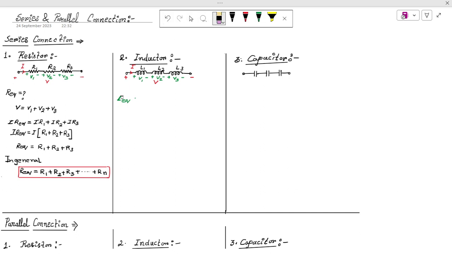Okay, I might write in the black. You have to find out the L equivalent. Now question is how? Similarly as before, you know the voltage is the summation of V1, V2 and V3.